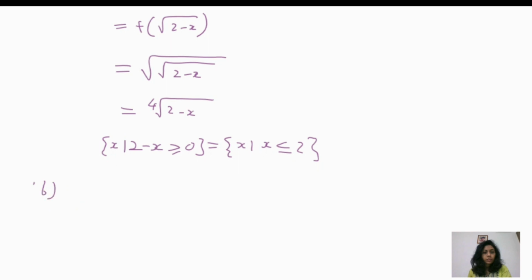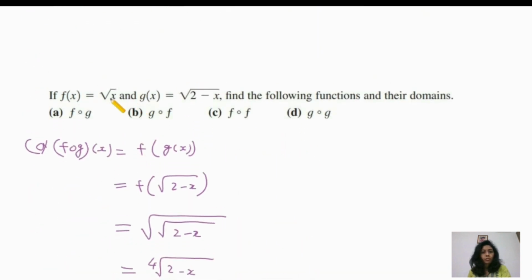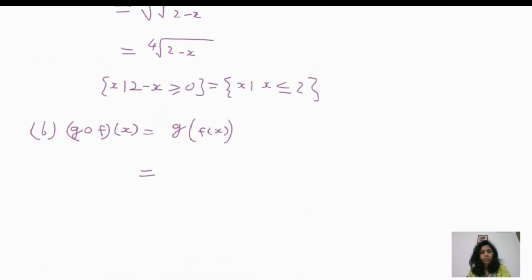Now B question, g o f (x). According to the definition of composition of function, g(f(x)), f(x) like this. What is the f(x) value? The f(x) value is square root x. So we can replace it with square root x.